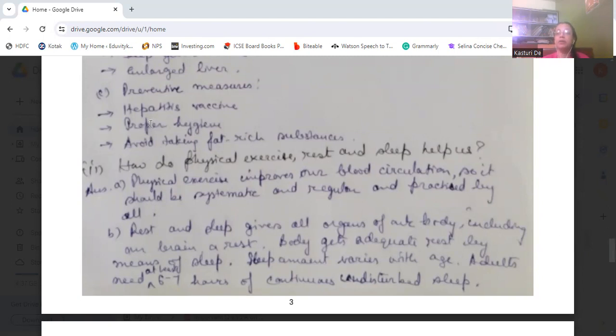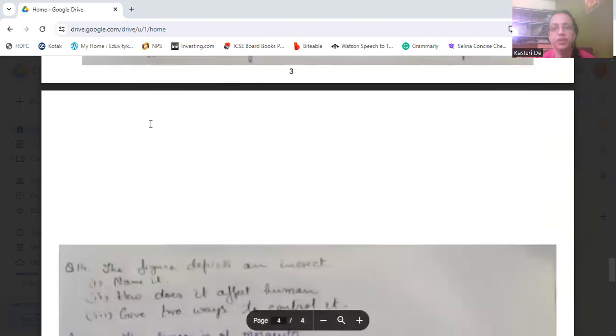Even old age people sleep for very short durations. But the requirement of sleep for an adult is at least 6 to 7 hours of continuous undisturbed sleep. That is sufficient for them.